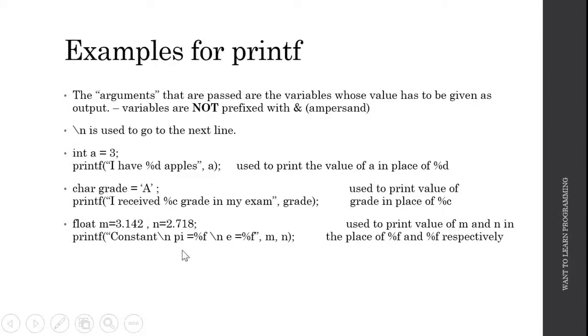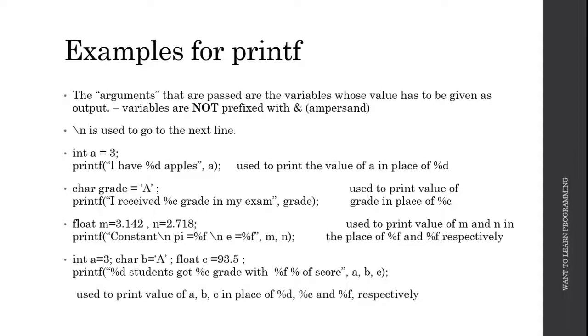Now let's look at a complex one. Here int a equal to 3, character b equal to A, and float c equal to 93.5. So to print all these values, I can say %d students got %c grade with %f percent of score.